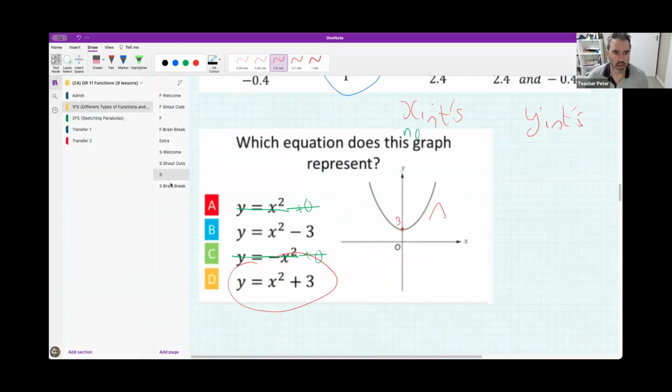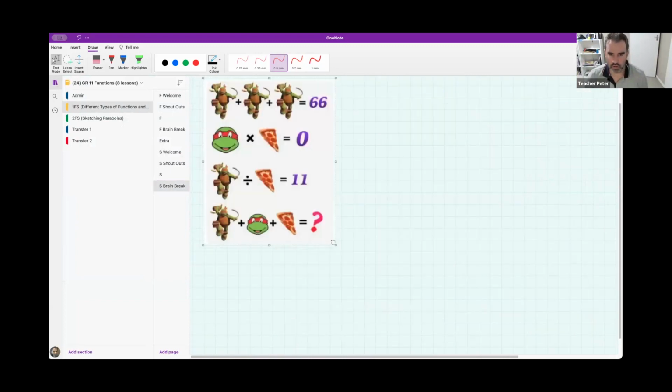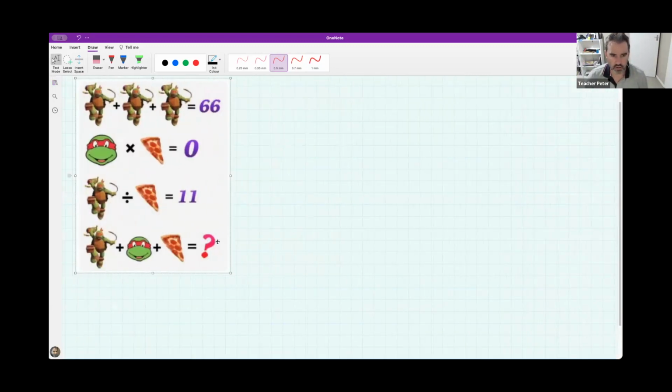That is our break. But let's just do a little puzzle to give our brains a chance. There we go. Brain break. So who knows who these guys are?